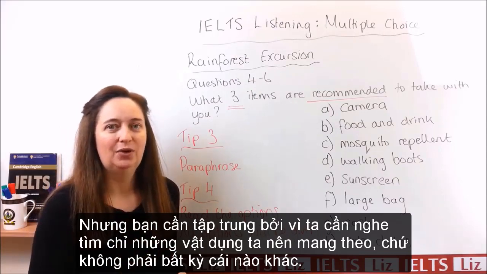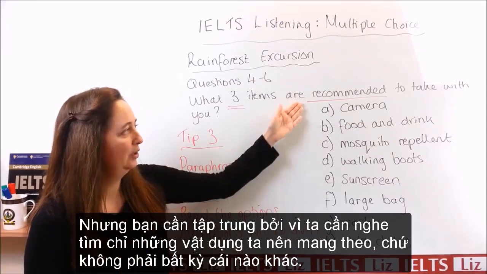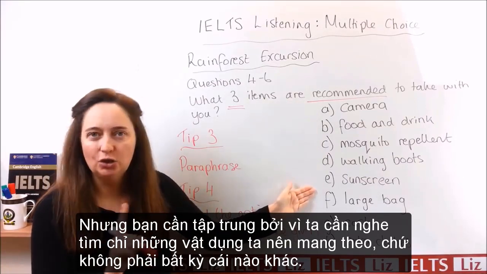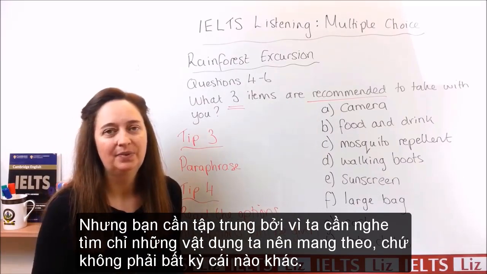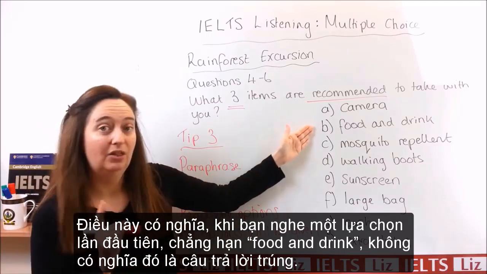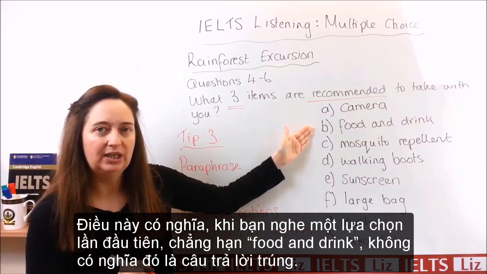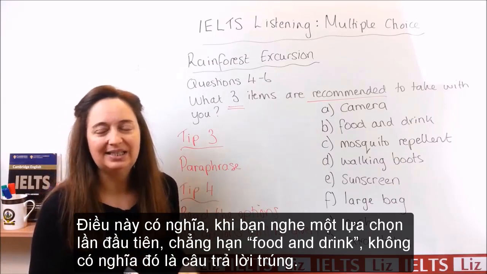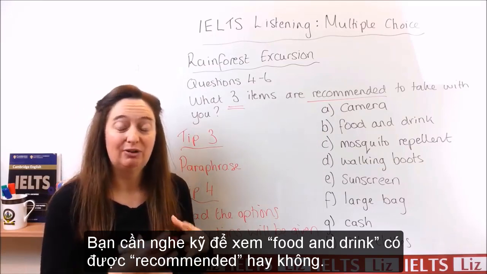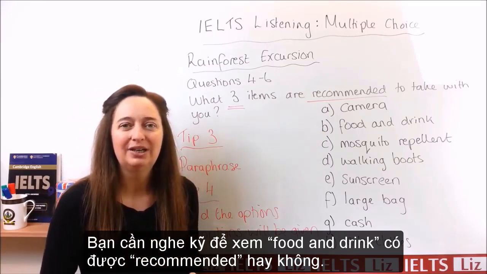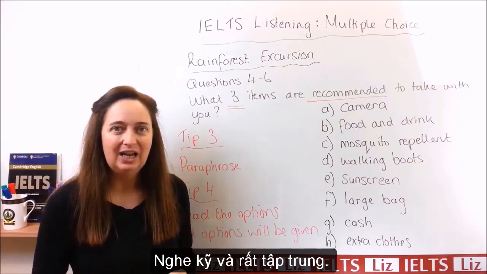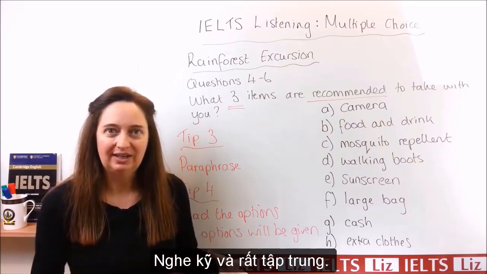But you need to focus because we're only looking for the items that we should take and not for any other items. So that means that when you hear something the first time, for example, food and drink, it doesn't mean that's the answer. You need to listen carefully to understand, is it recommended to take food and drink, or is it not recommended to take food and drink? Listen carefully. Listen to everything.